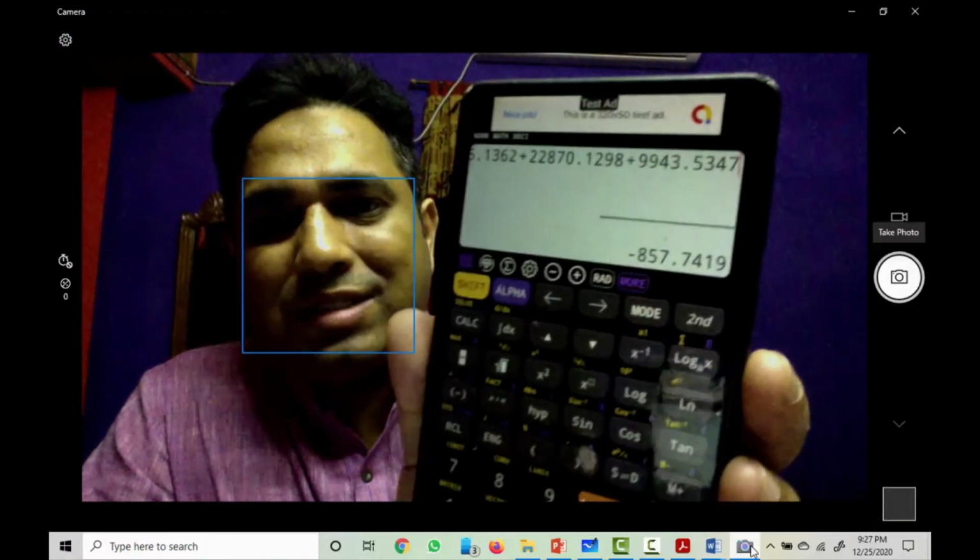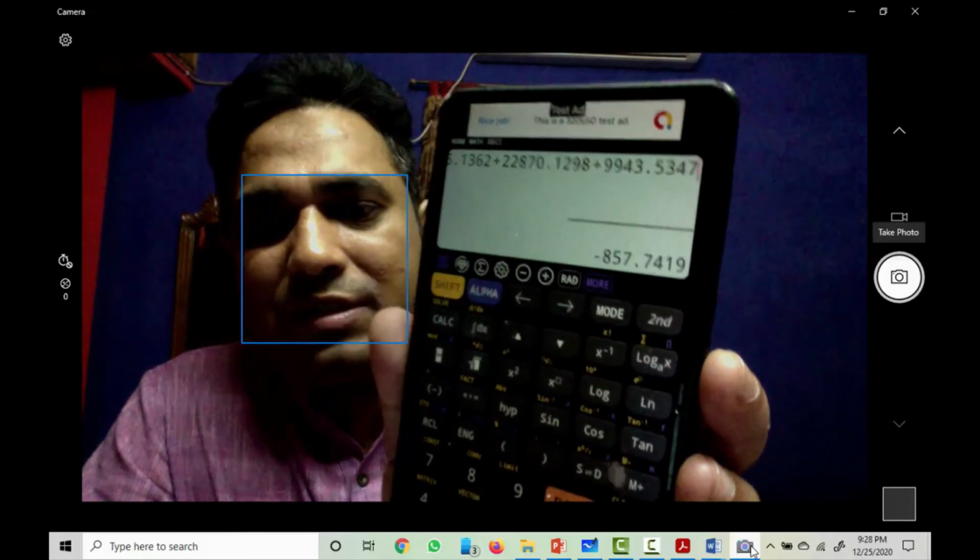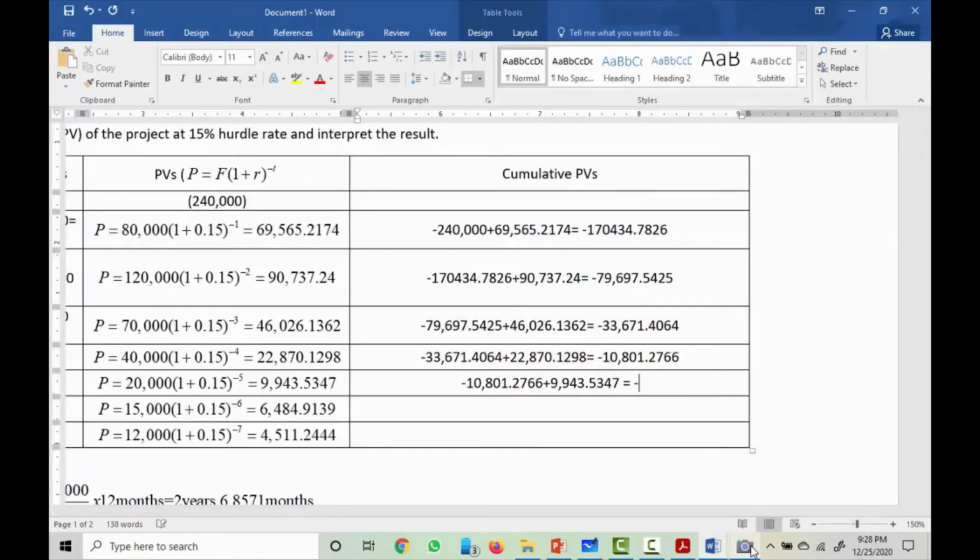If you add it like that way, what is the answer? Minus 857.7419. Now let us add the next present value.